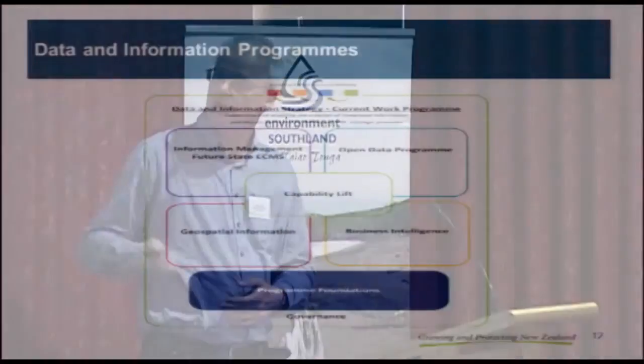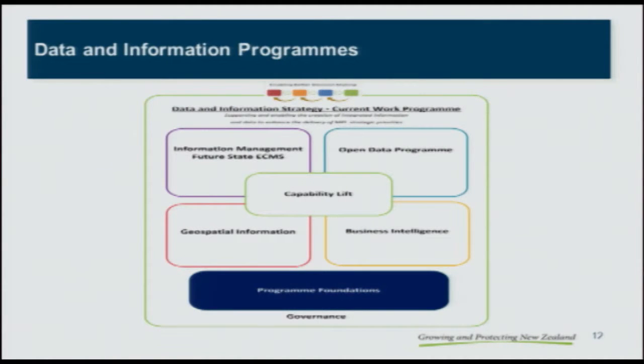We're now moving from a project mode into a more business as usual mode. In geospatial information, the geospatial capability program, we're just at the phase where we build the basic building blocks. The hardware and the systems are there, and we're now starting to roll out the online services. That's where we are, and all of that works towards a capability.